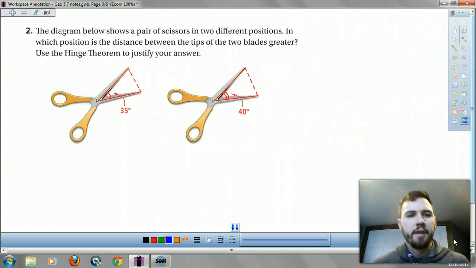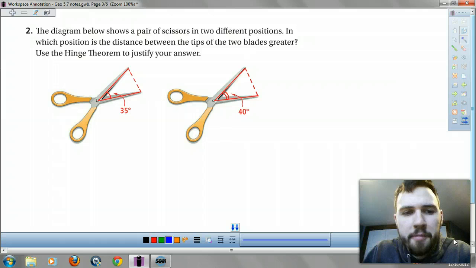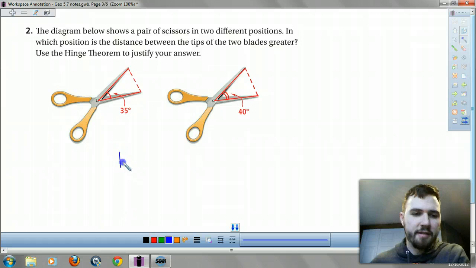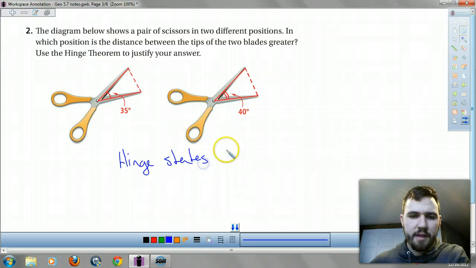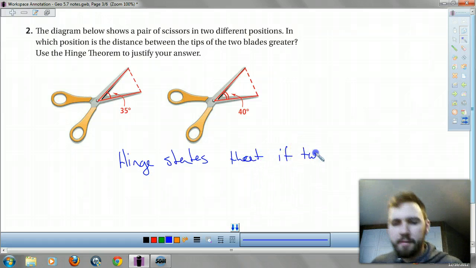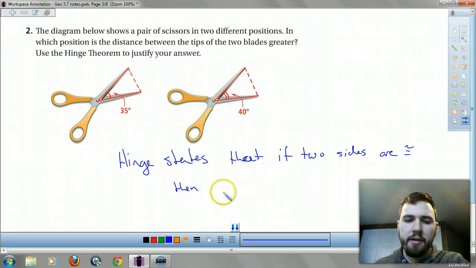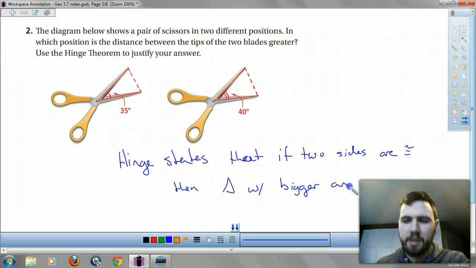Let's look at another one. How do we know that the one blade is open bigger than the other one? Well, the hinge theorem states that if two sides are congruent, then the triangle with the bigger angle has the bigger side.